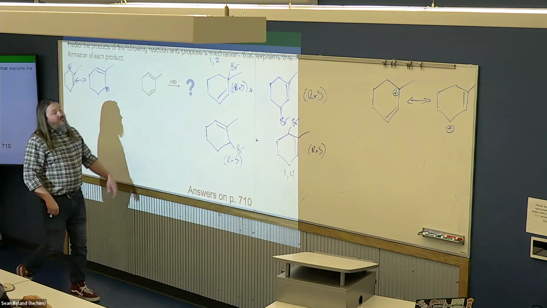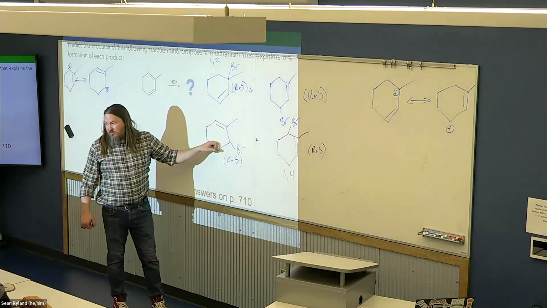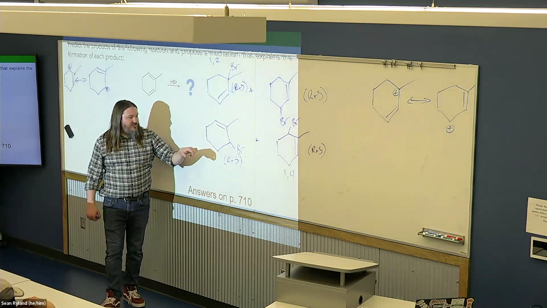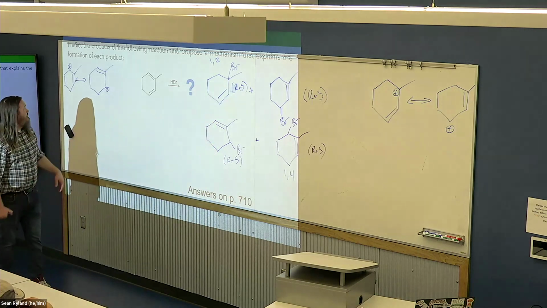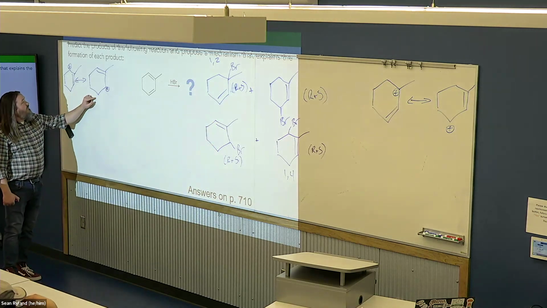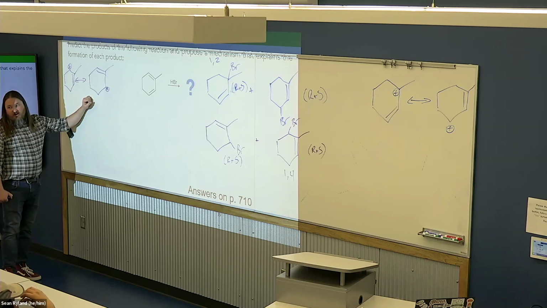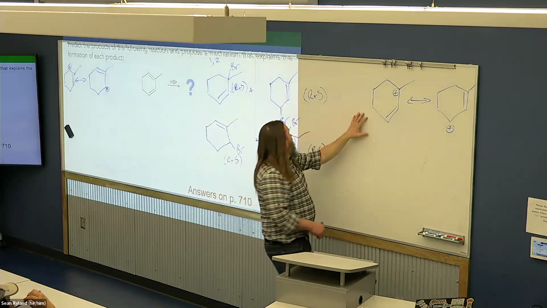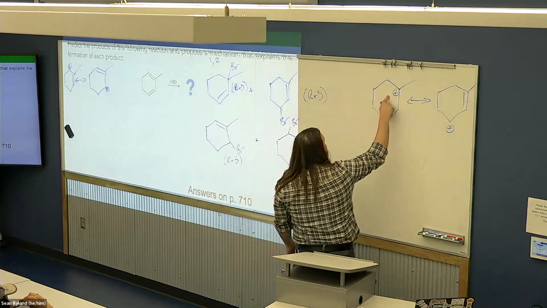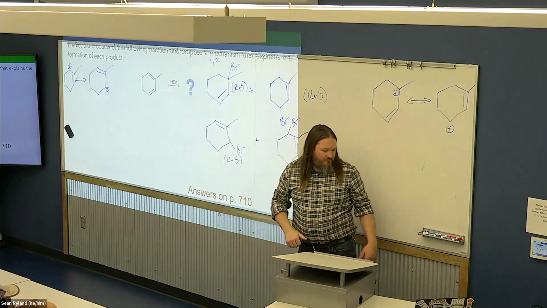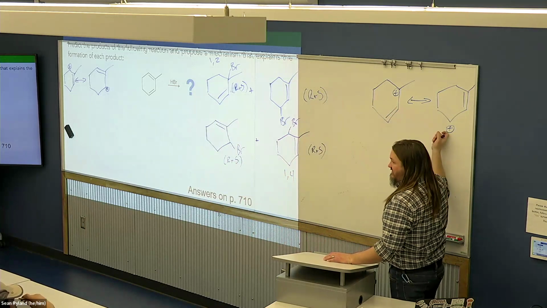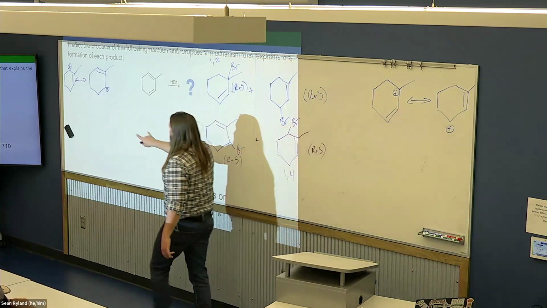We can do a kinetic versus thermodynamic for the blue and a kinetic versus thermodynamic in the purple as well, in all these cases. The 1,2 adduct is going to be the kinetic product. It's especially easy to see for the blue example, because one of our carbocation intermediates is tertiary versus secondary. Here it's a little bit less strongly in favor.